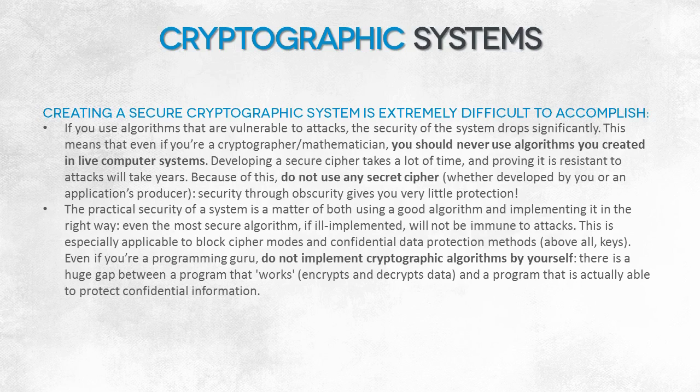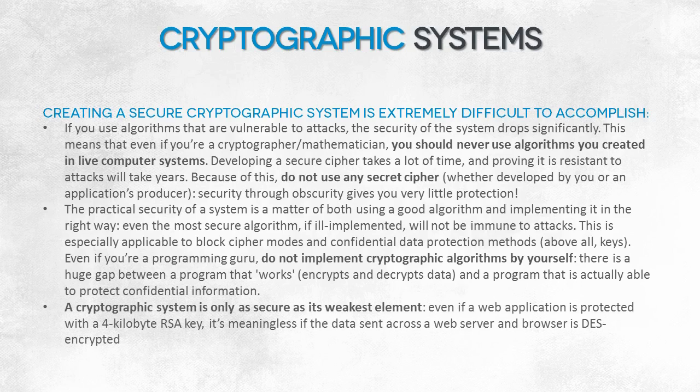Apart from this, keep in mind at all times the crucial rule. Your system is only as secure as the weakest element. System vendors often try to obscure this by claiming, for example, that their solution guarantees total security because connection to some bank service requires using a 4 kilobyte RSA key.